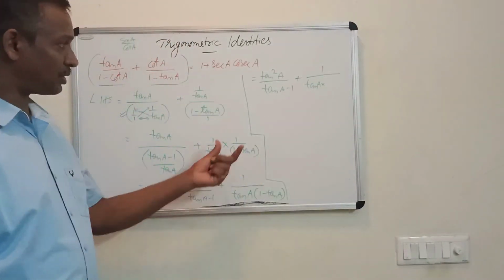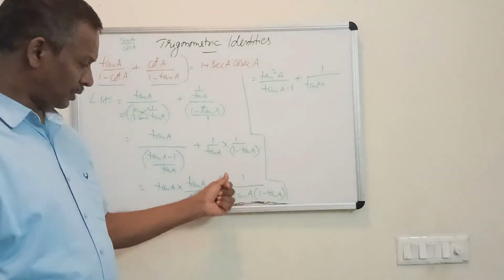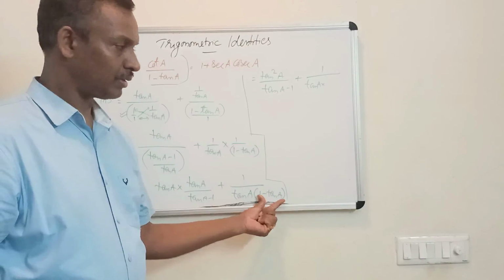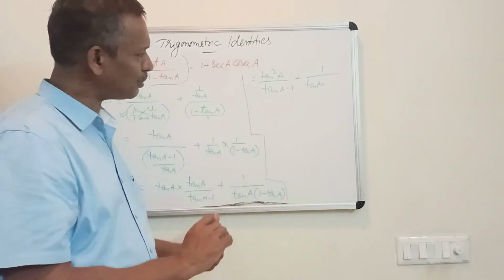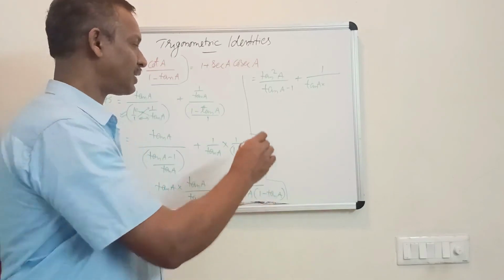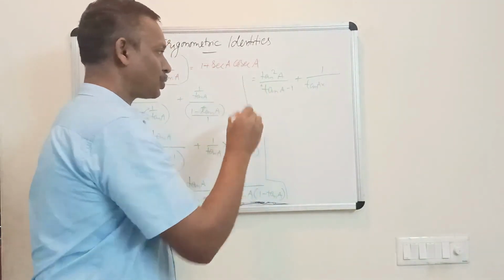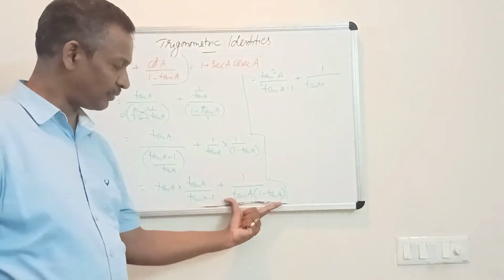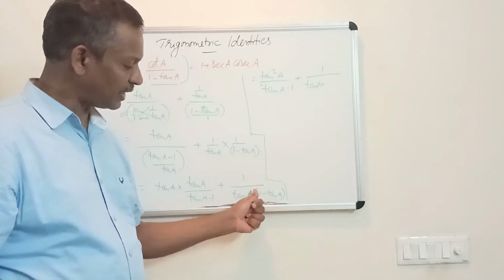If you look at this denominator, this is tan A minus 1, and in the second term the denominator has 1 minus tan A. These tan A minus 1 and 1 minus tan A are almost the same, only the sign differs, because in the first term tan A is positive and 1 is negative, but in the second term tan A is negative and 1 is positive.